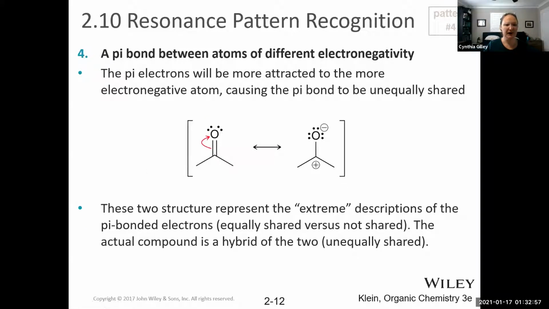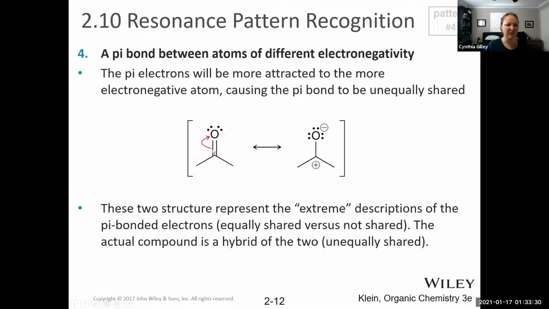The fourth pattern is a pi bond between atoms of differing electronegativity. And that's essentially the opposite of the pattern that we just saw, lone pair adjacent to a positive charge. So when you have a pi bond between two atoms and they're not the same atom, so for example, this is oxygen and that's carbon, those are not identical atoms, then we can draw a resonance arrow to show a second significant resonance contributor from that structure.